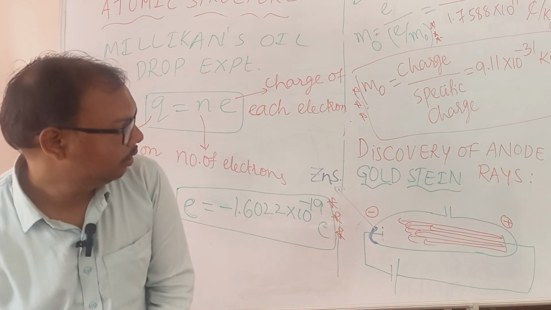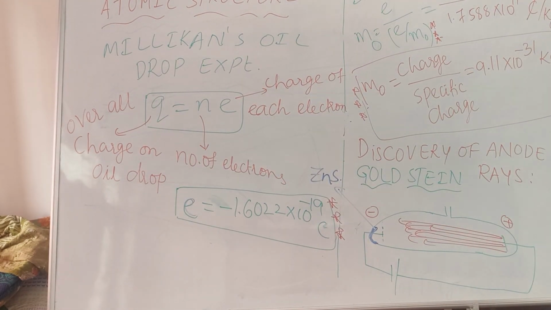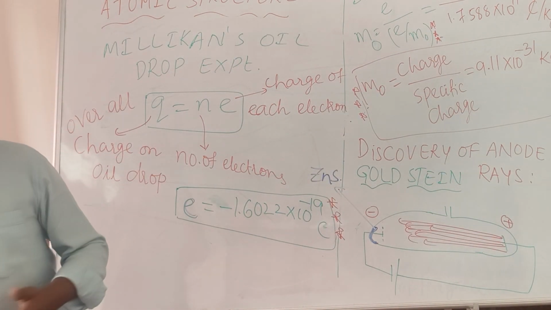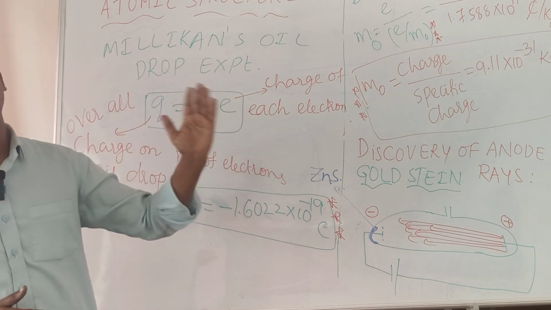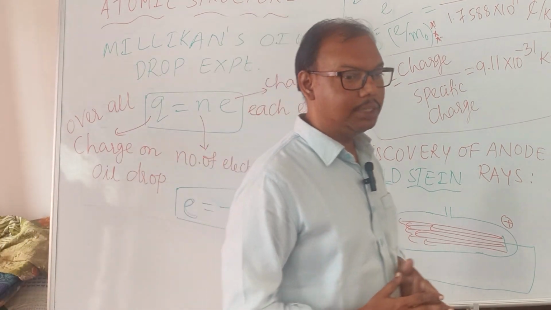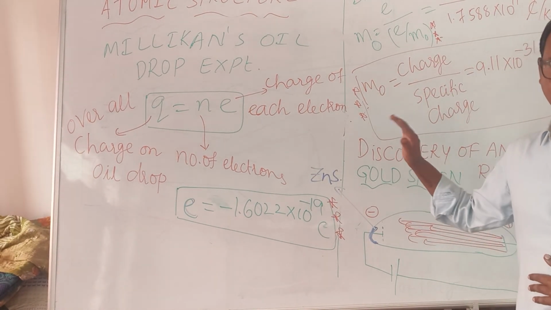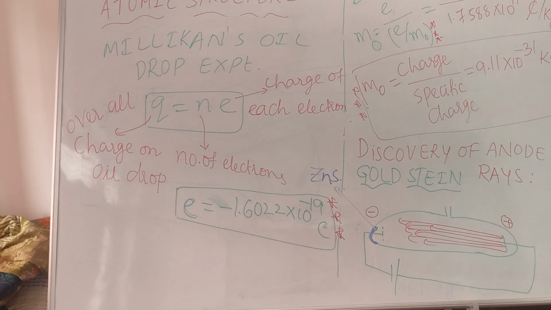When you observe these cathode rays and anode rays, cathode rays are negatively charged particles and anode rays are positively charged particles. We can summarize: cathode rays are generated at the cathode and move towards the anode in straight line directions, whereas anode rays start from the anode and move towards the cathode.